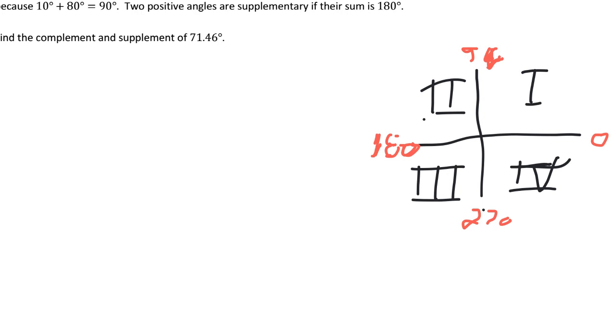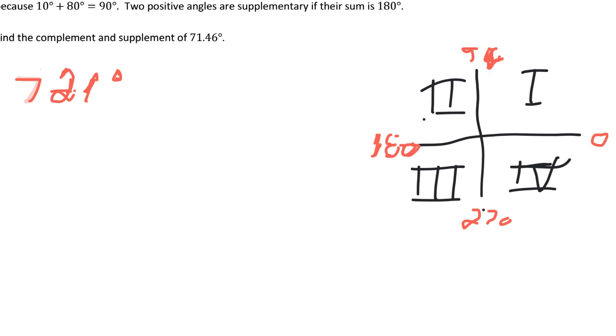So if I give you the angle 721 degrees, we're going to take 721 minus 360, and that's 361. That's still outside of 360, so we minus 360 again and we get 1.